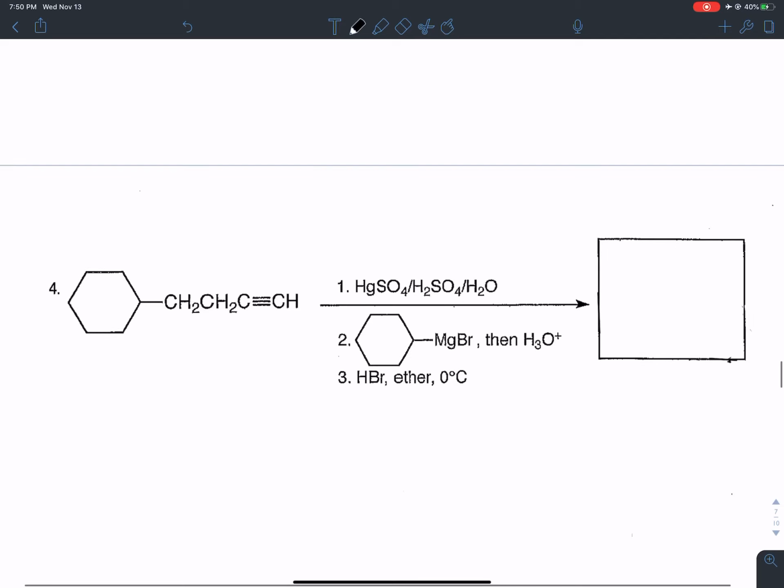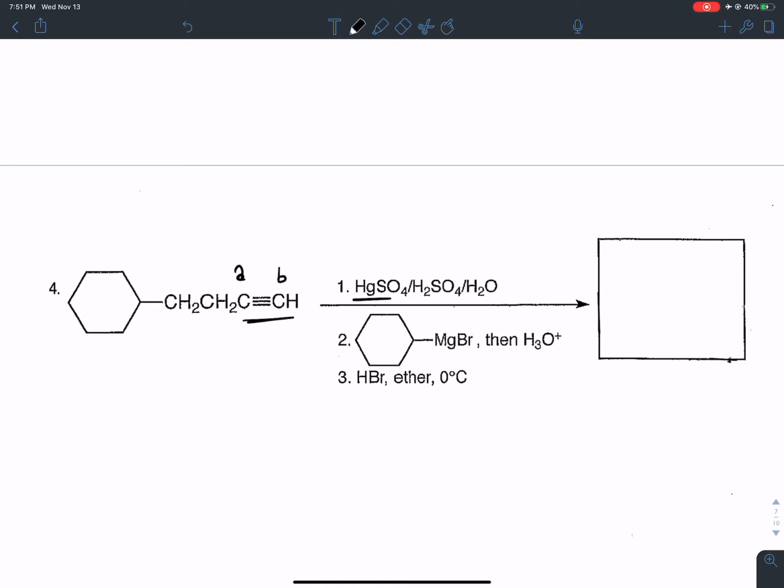All right, so this is our mercuric sulfate. We talked about this earlier. It's going to turn an alkyne into what kind of functional group? We're going to get a carbonyl-containing compound, in this case, a ketone. Are we going to add that to the Markovnikov side or the anti-Markovnikov side? Markovnikov, the more substituted side. So looking at our alkyne, we have carbon A and carbon B. Which one of those is more substituted?